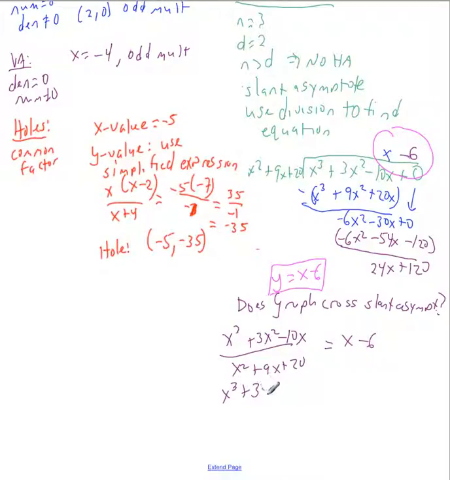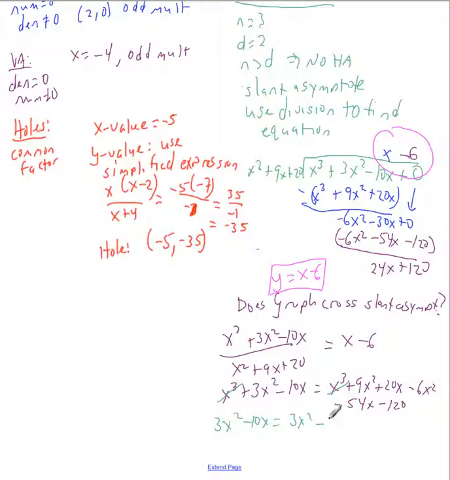So we have x cubed plus 3x squared minus 10x equals x cubed plus 9x squared plus 20x minus 6x squared minus 54x minus 120. Then we simplify. We can cancel out the x cubed term right away.